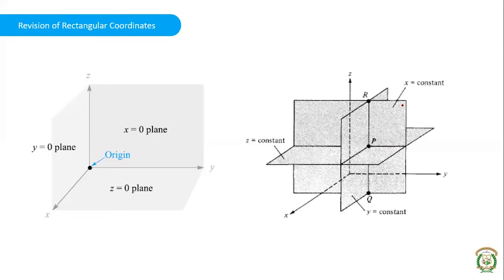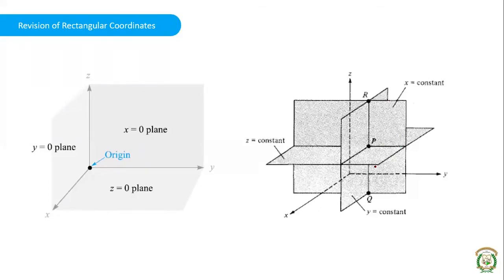The one that you can see here is the x equal to constant plane. On that particular plane, the value of x is constant, only y and z will vary. This particular plane, which is held perpendicular to the screen, is the y equal to constant plane. On that plane, y is constant, only x and z will vary.